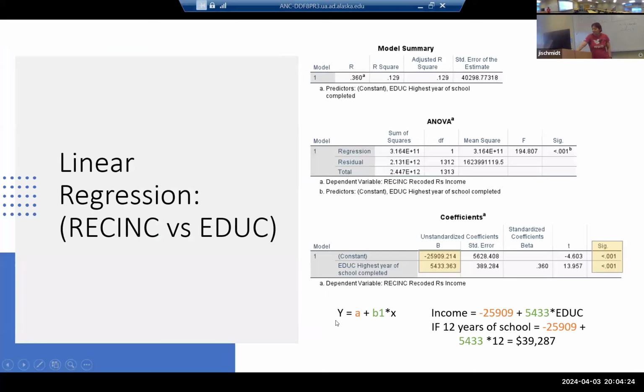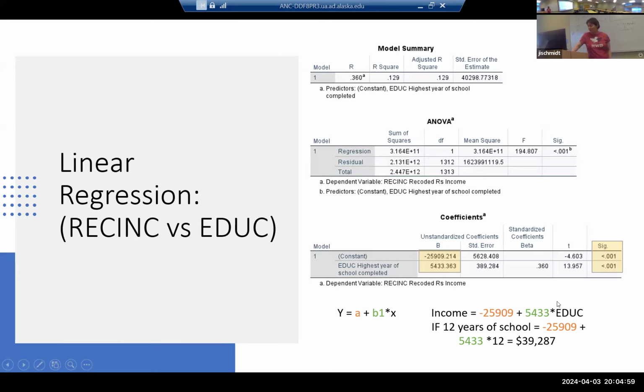And remember that equation of y equals a, which is the intercept, plus your coefficient times x. So this is how it relates here. Income is equal to, this constant is your intercept, minus 25,000 plus your coefficient here, which is 4,533 times education.